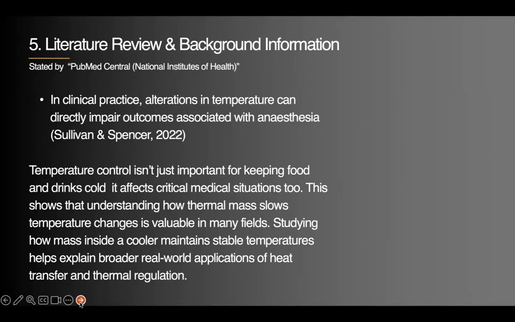And studying how mass inside a cooler maintains stable temperatures helps explain a lot of broader real world applications, like refrigerating and freezing food, or like Uber Eats or DoorDash when they package your food in thermal or insulated bags. It's kind of the same thing, and it shows real world applications of heat transfer and thermal regulation.